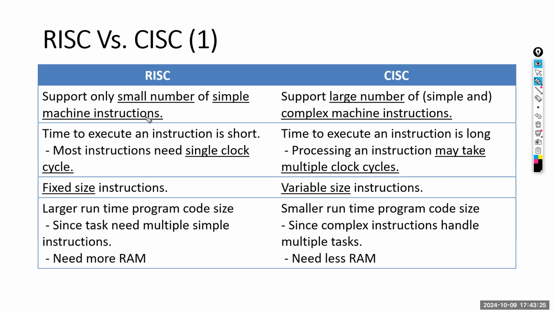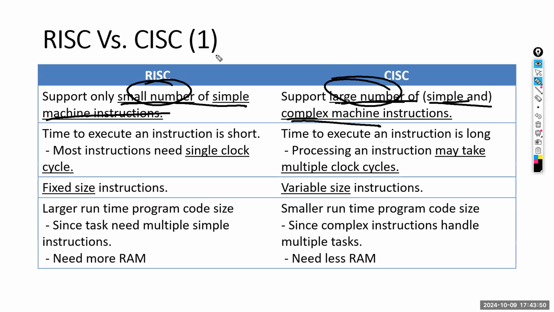But a CISC computer architecture supports a large number of machine instructions, because it supports both simple and complex instructions. Here only simple instructions, therefore a small number; here simple and complex instructions, so a relatively large number.